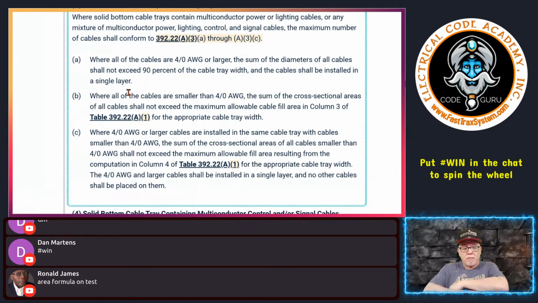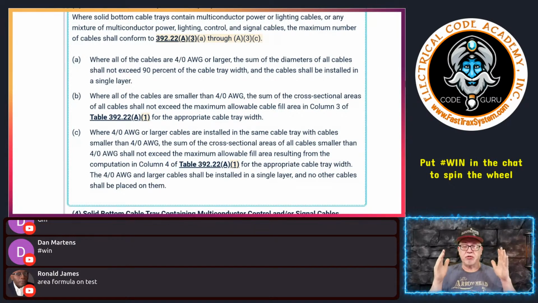Okay. So in our case, whatever our cable tray width is, we have to know our total sum of the diameters. And we take the total cable tray width and we take 90%. So it can't exceed 90% of the cable tray width. So it has to allow a little room in there. So you'll have a cable tray, right?